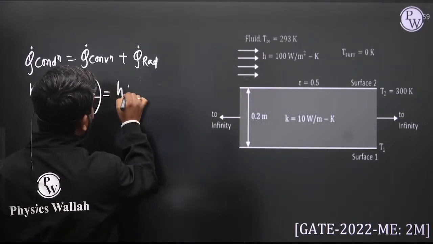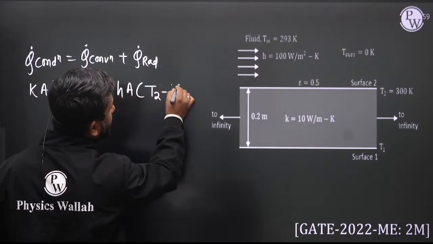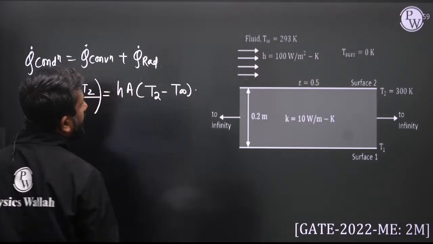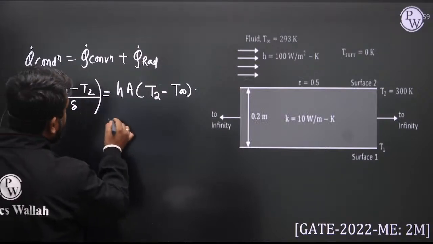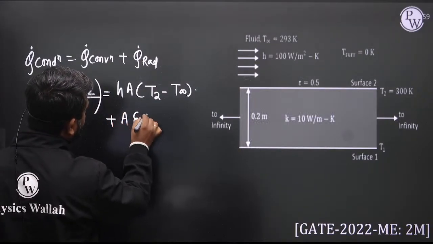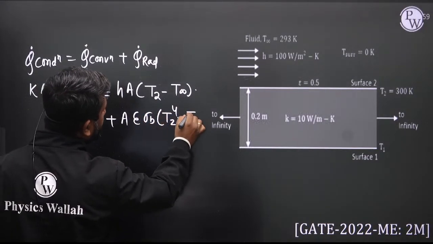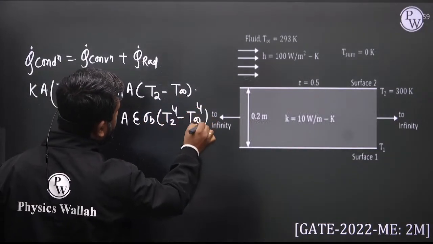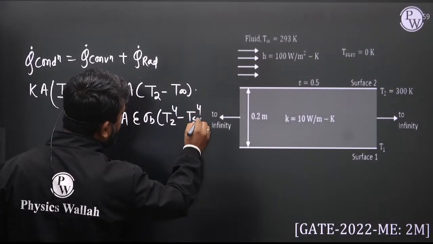So this is h into A, T2 minus T infinity, and the radiation occurs between surface 2 and the surrounding. So this is A into epsilon sigma, T2 to the power 4 minus T surrounding to the power 4.